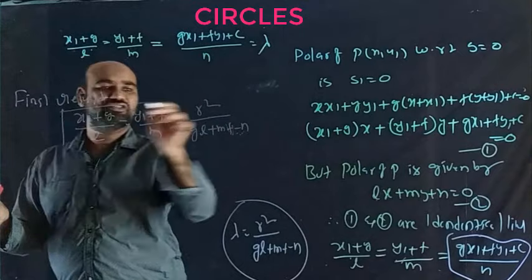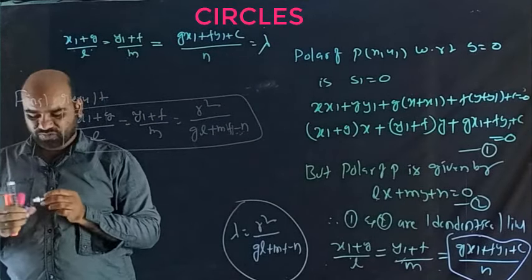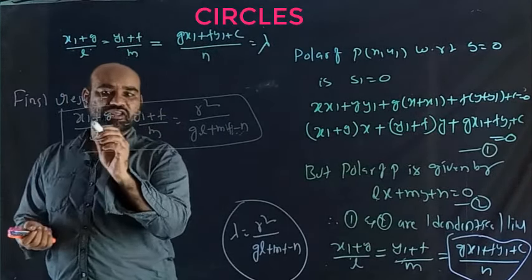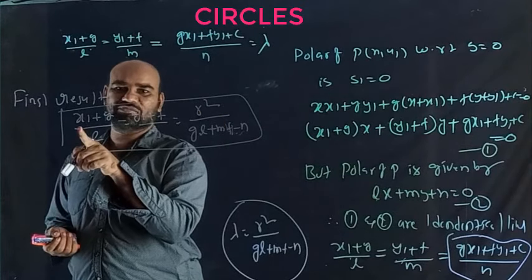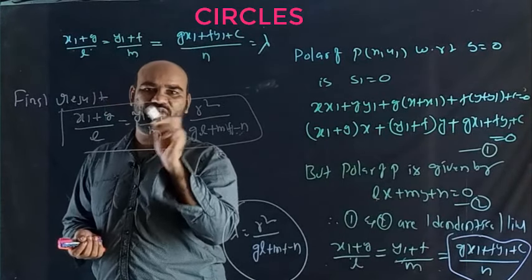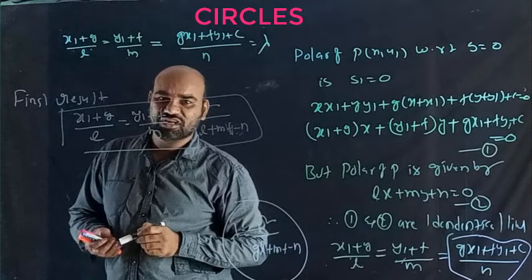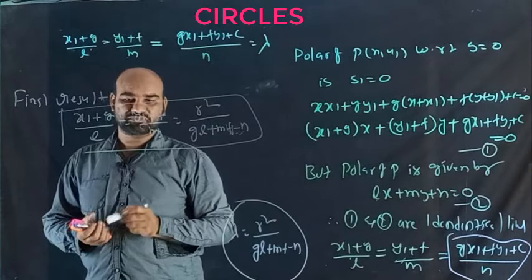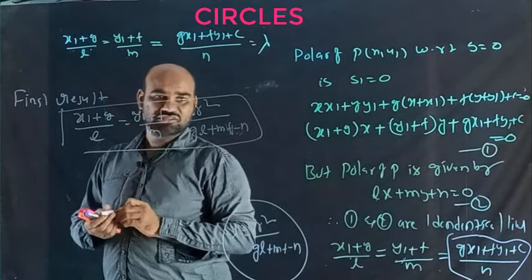So by using this result you can find the pole. Equating this with this, you will get x1 as subject. Equating this with this, you can make y1 as subject. From there, you get the pole P(x1, y1). Important, so you should remember this.